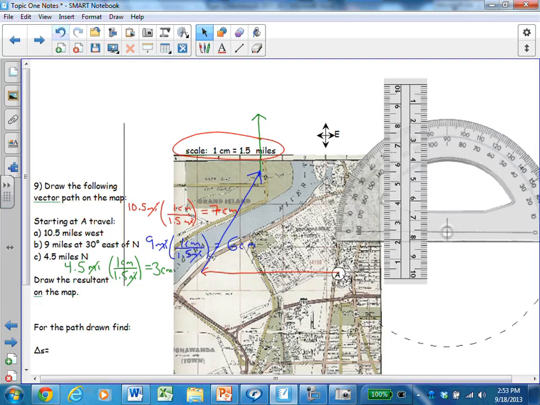And when you sum up 3 vectors, you arrange them head to tail, and then you go from the start where you started with your first vector to the head of your last vector. So we started here and we ended there. Now you can use your ruler to draw yours. I have a magic one, so it's a little easier for me. Okay? There I drew the resultant on the map.